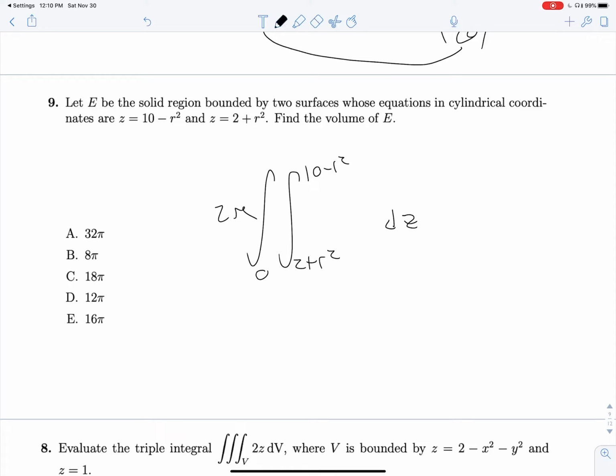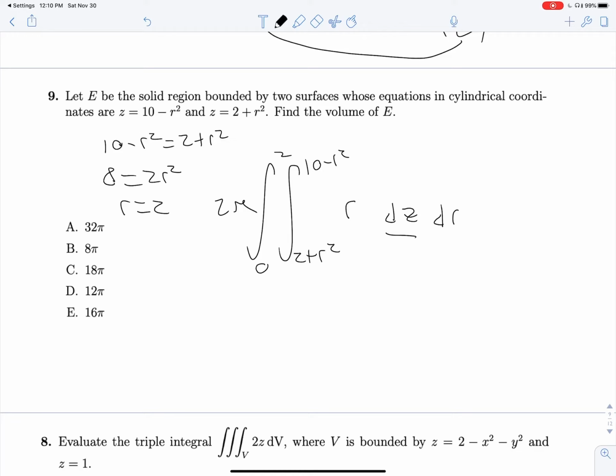If we set these equal to each other, 10 minus r squared equals 2 plus r squared. That's going to give us 8 equals 2r squared, or r equals 2. And now we are ready to solve, except we almost forgot there's an r sitting in this integrand already.